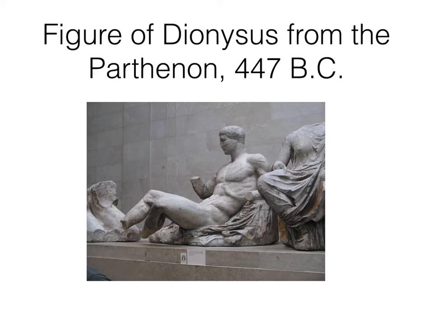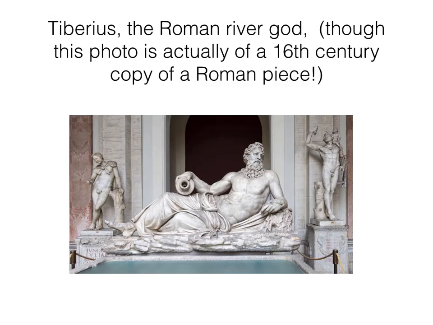Now we're going to go forward several centuries to the Roman sculptural style. And this photograph happens to be a photograph of a 16th century copy of a Roman piece. But in this Roman style, now this is not Dionysus anymore, this is Tiberius, the Roman river god.